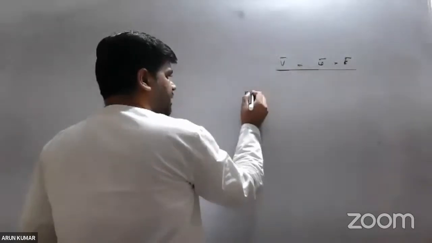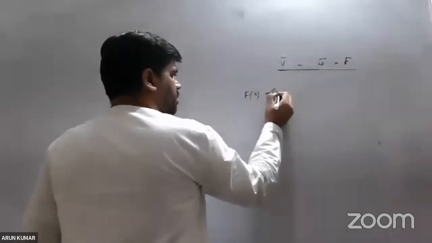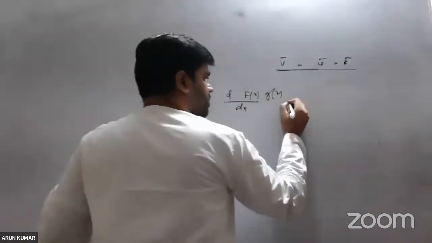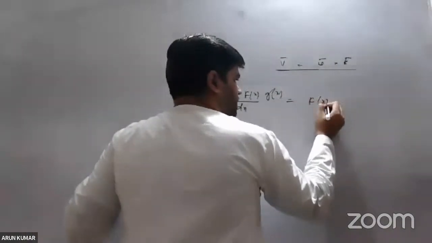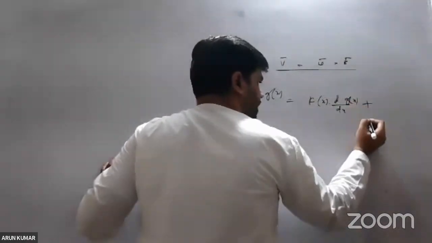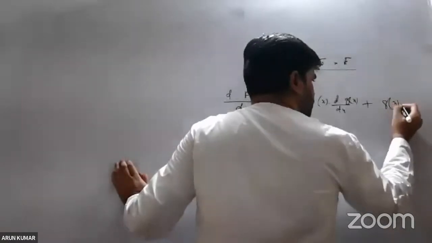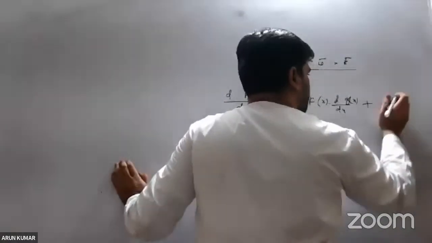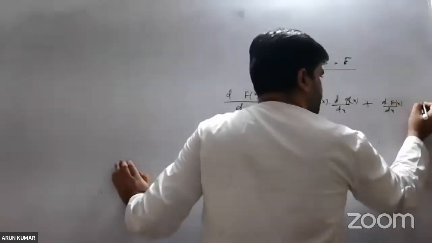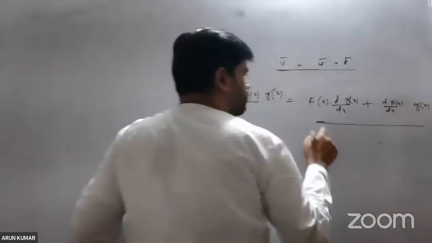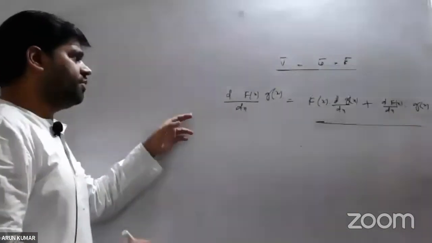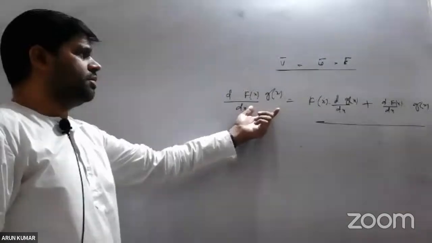If I've got two functions f of x and g of x, and I have to differentiate this with respect to x, this will be equal to f of x into d by dx of g of x plus g of x into d by dx of f of x. So f g dash plus f dash g is my derivative of the product of two functions.